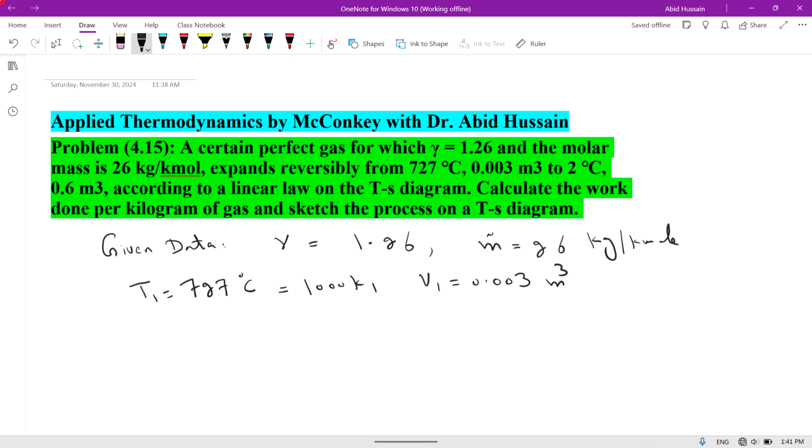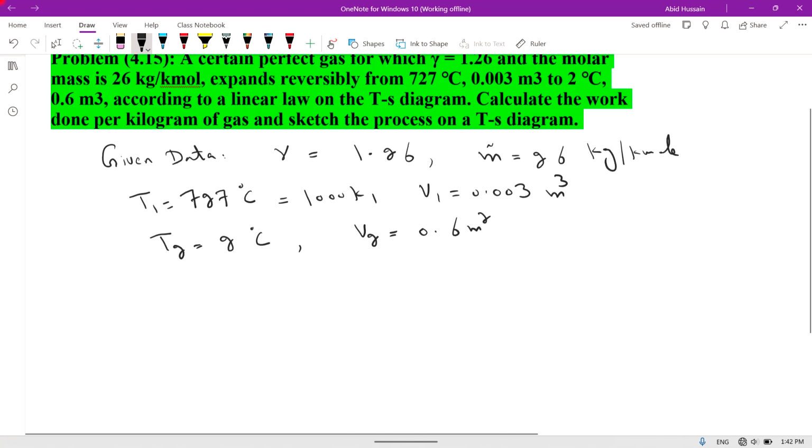The final temperature is 2 degrees centigrade, and the final volume V2 is equal to 0.6 cubic meter according to a linear law.